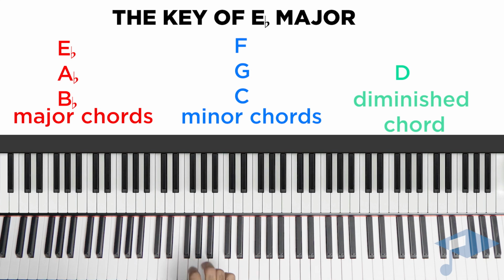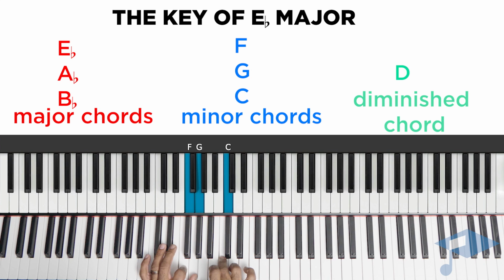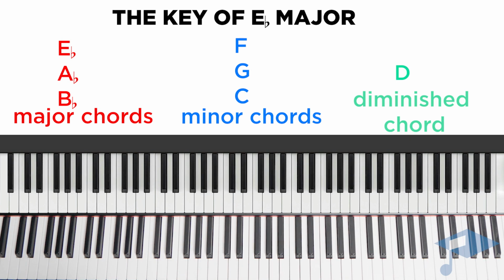Then we have the 2 chord is minor, 3 chord is minor, and the 6 chord is minor, and then of course the 7th will be diminished. So in essence, we have 1, 4, 5 major, and then we have all minor, 2, 3, and 6, right? Now it's important to understand that because we're approaching a minor chord.